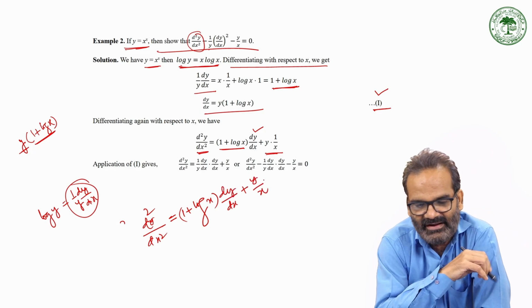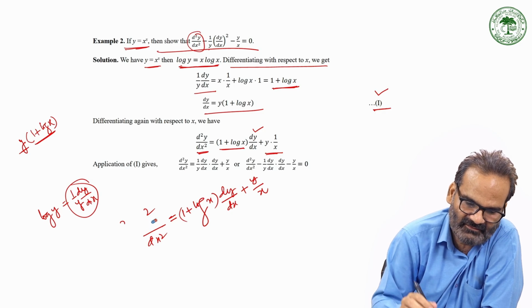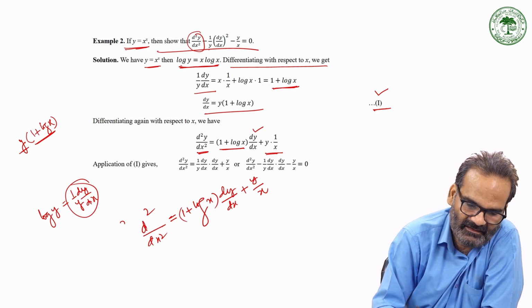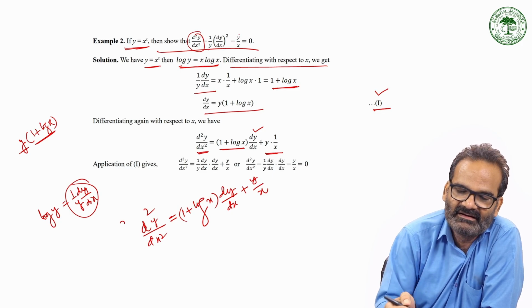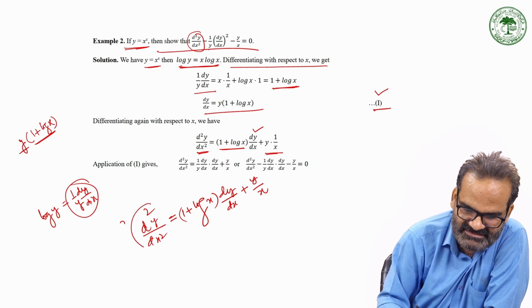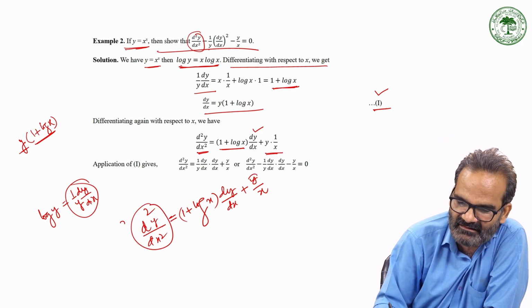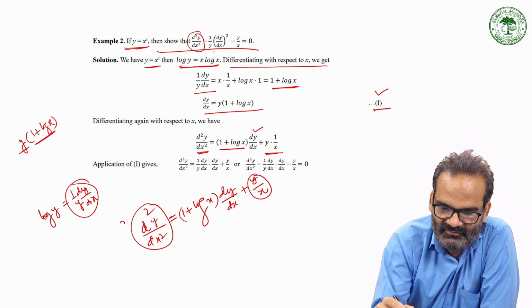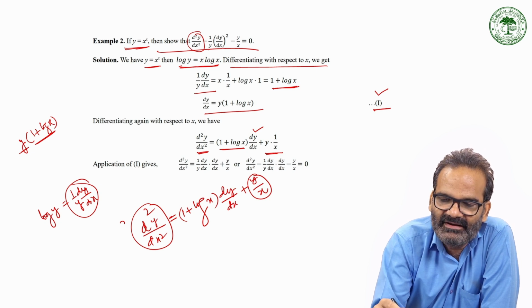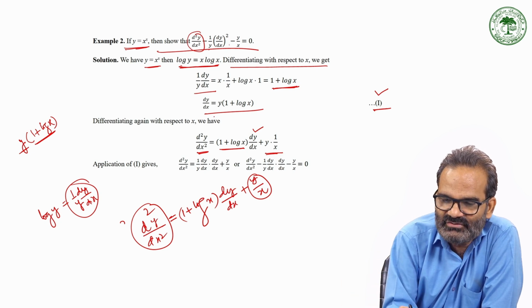So what do we want to show? We want to show d2y over dx2 minus (1 upon y dy over dx) power 2 minus y upon x. So from this term we achieved this term; we also achieved this one. What is left? Here we must have 1 upon y (dy over dx) power 2. So look at equation number 1.